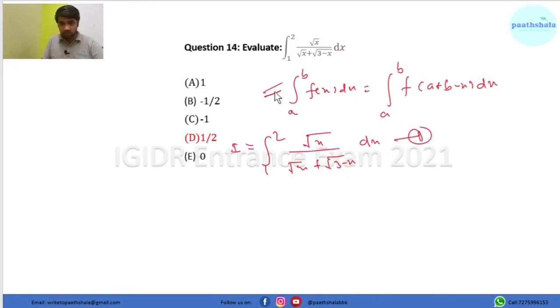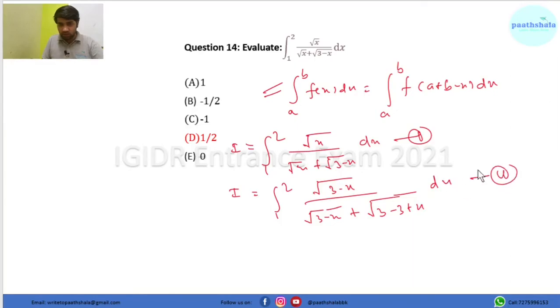Now apply this property. You will get I equals the integral from 1 to 2. Here you can see that if we sum up a and b, it will come out to be 3. So this will be root 3 minus x upon root 3 minus x plus root 3 minus 3 plus x dx. This is equation 2. Let's add these two expressions.